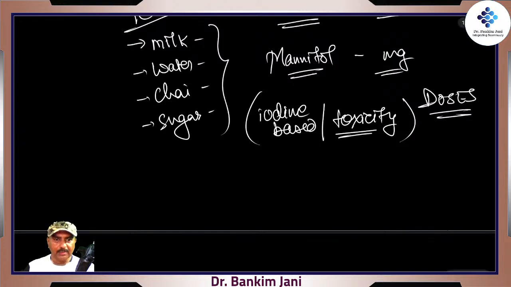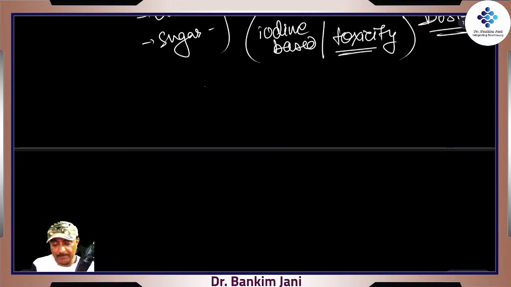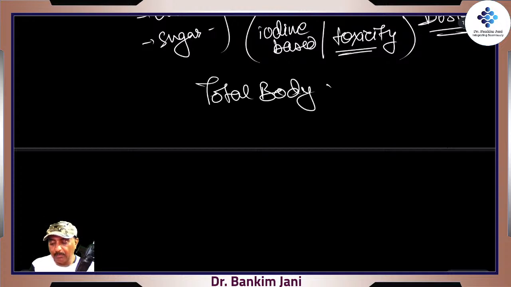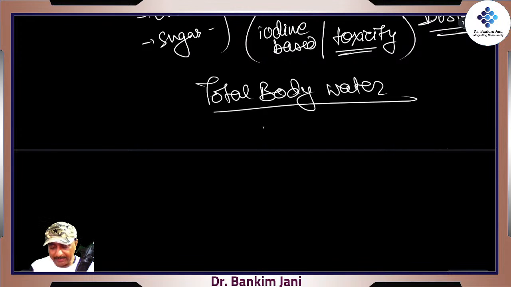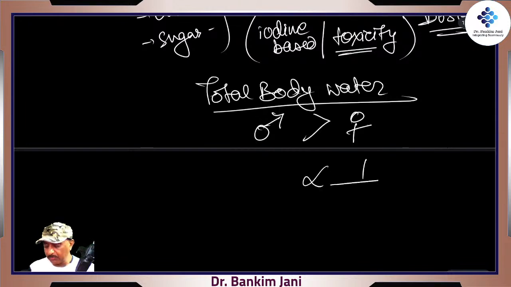So this was the thing, the total body water. This is one important criterion, that total body water. In case of males, it is more as compared to females. The reason is that this is inversely proportional to the fat. Remember, it is inversely proportional to the fat.